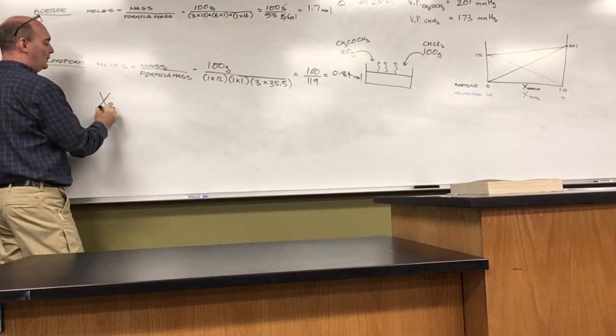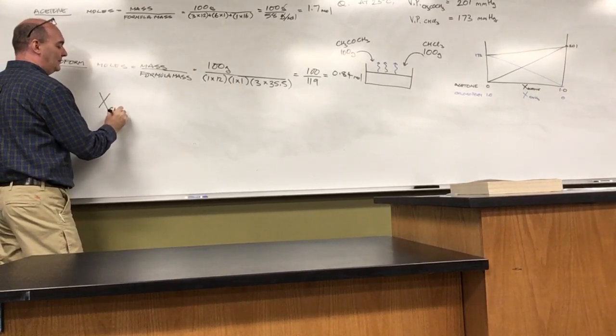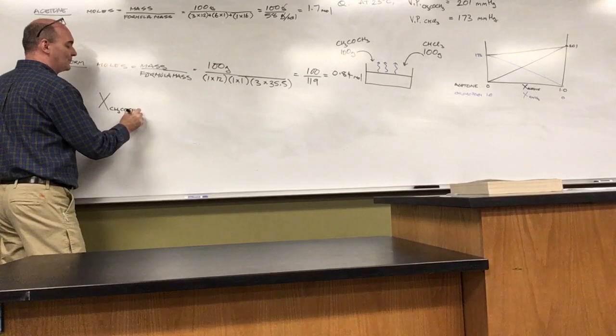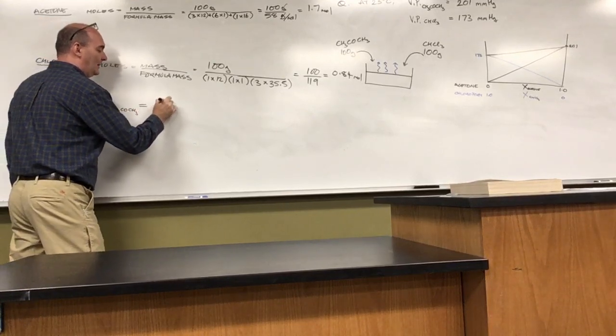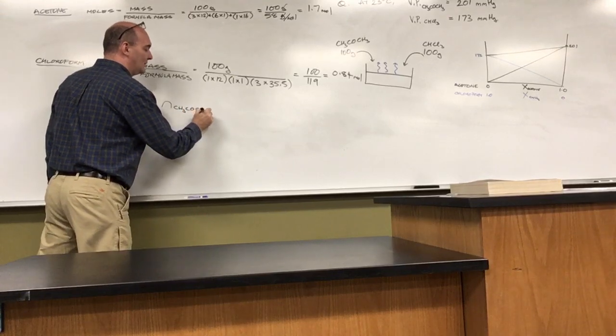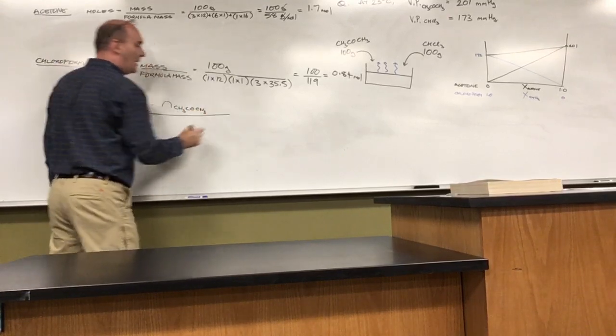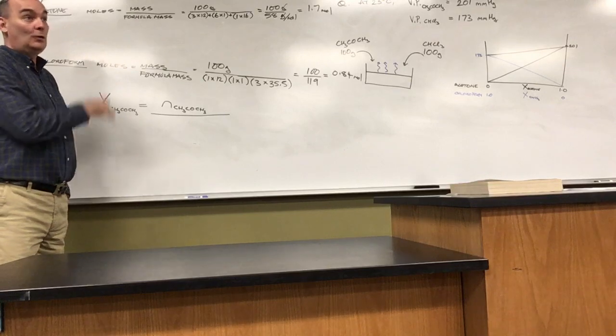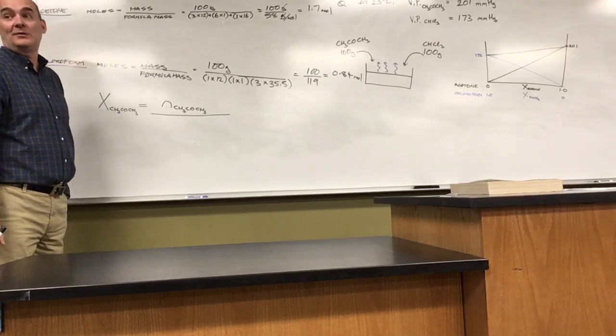The mole fraction of acetone equals the number of moles of acetone divided by all the moles, number of moles of everything.